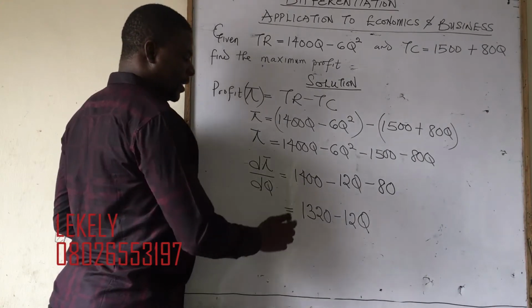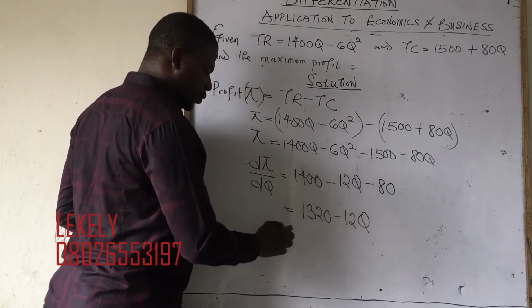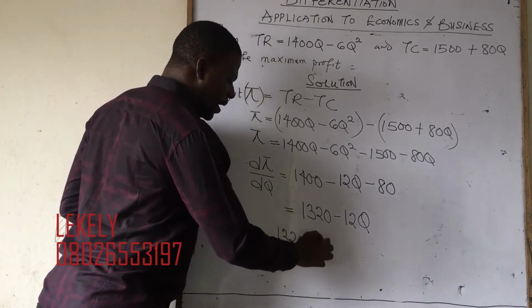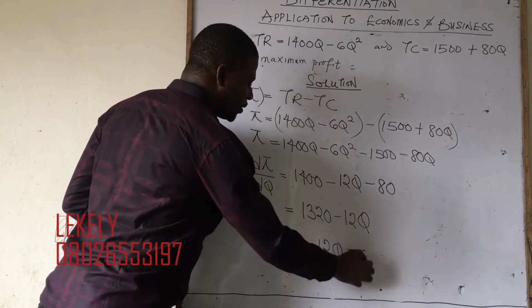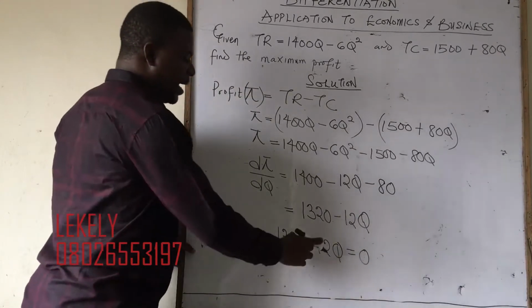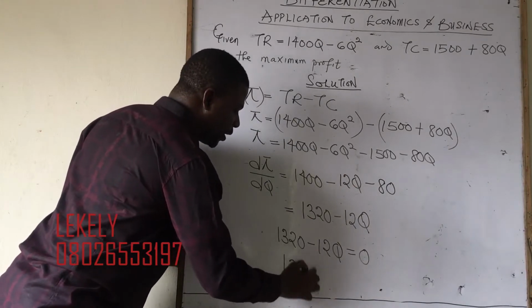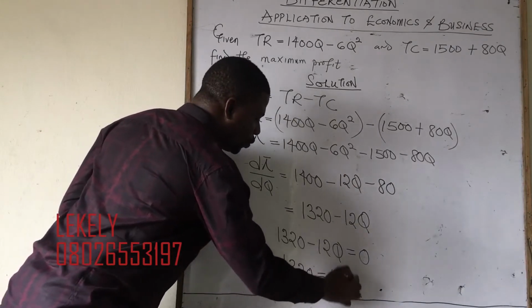Now equate this to 0. So 1320 minus 12q equals 0. Bringing minus 12q to the other side changes it to plus, so 1320 equals 12q.